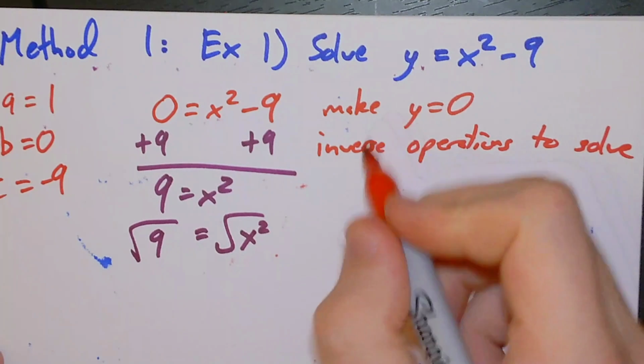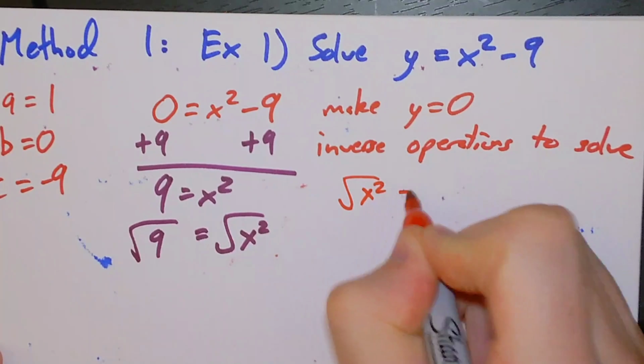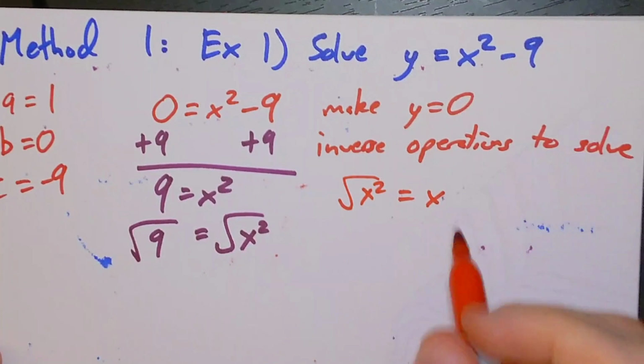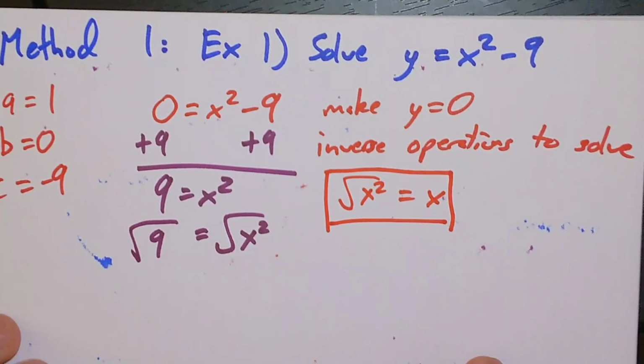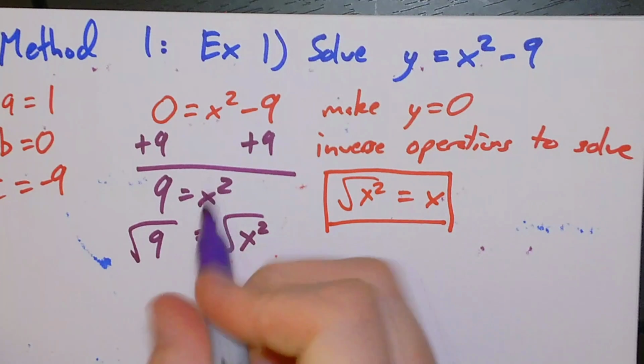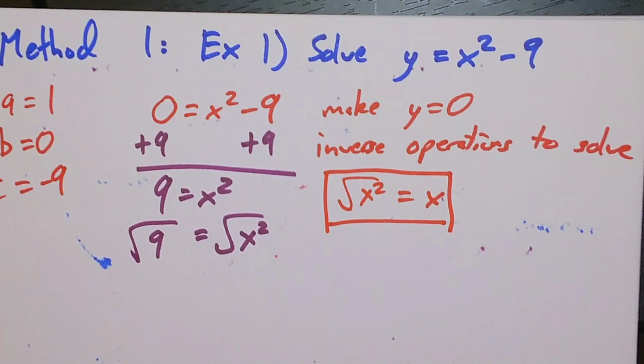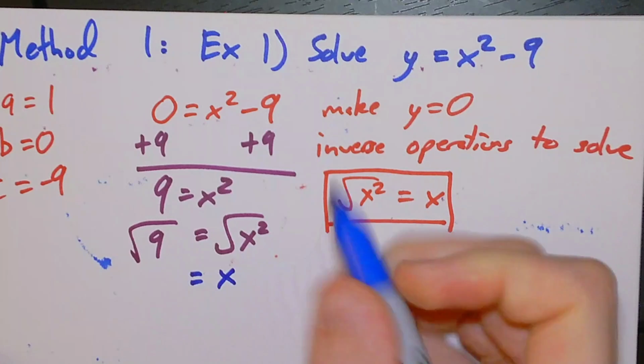One, the square root of x squared is just x. This is important information that you should not forget. Now I say x, but anything could be in that x, so it can be parentheses, which we'll do in just a second. So the square root of x squared just becomes an x.